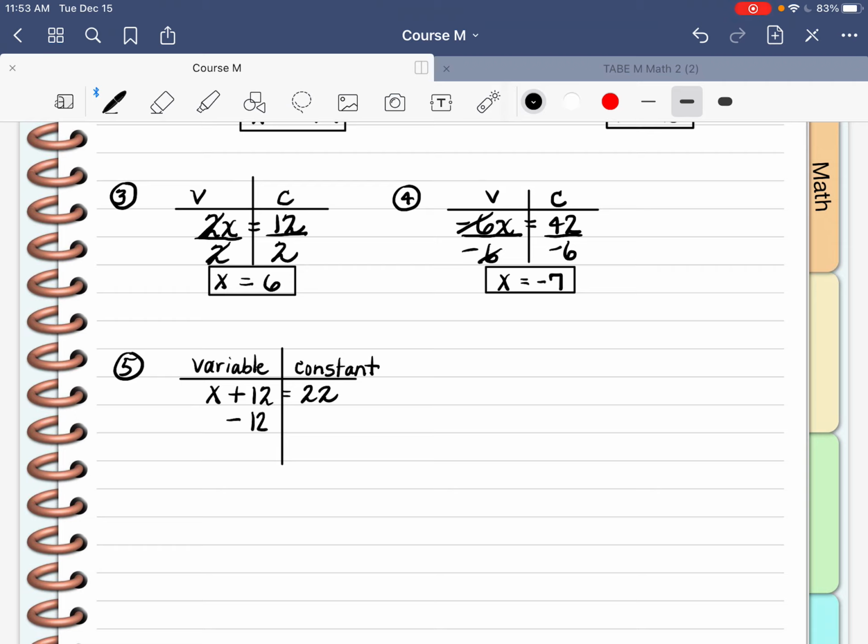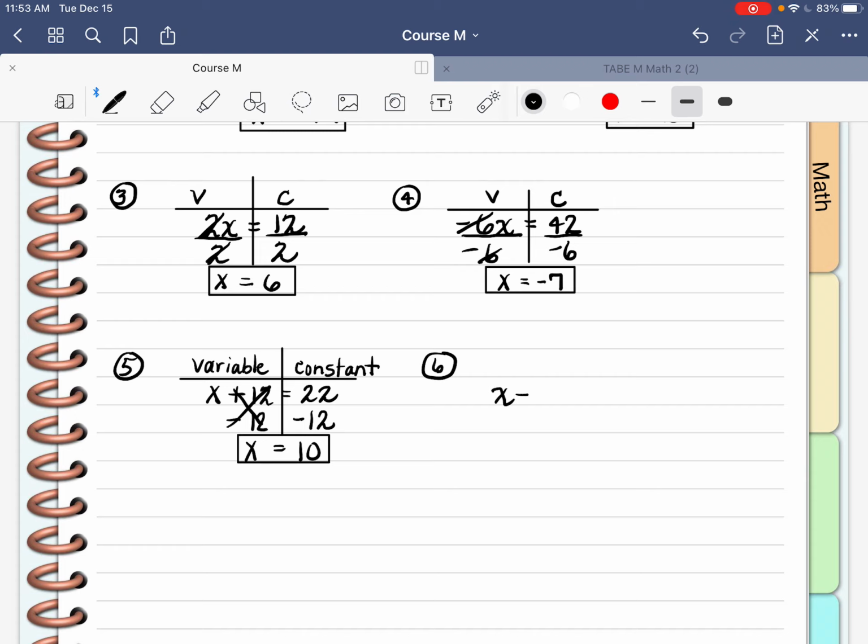And we need to minus 12. So x is 10. Write the answer on the back. I would not work the problem on the front because then you can't use them as flashcards. But put your correct answer on the back so you know what the answer should be.